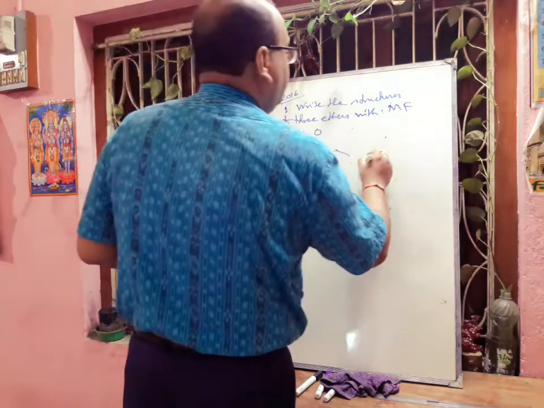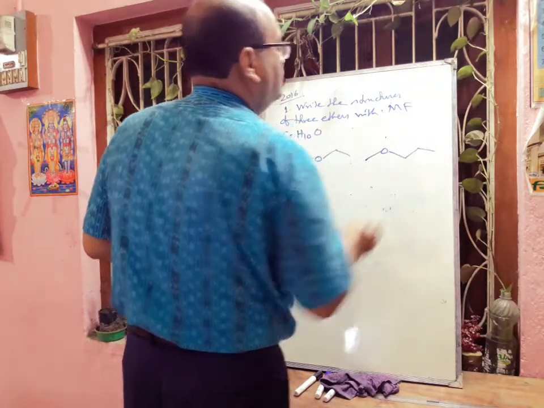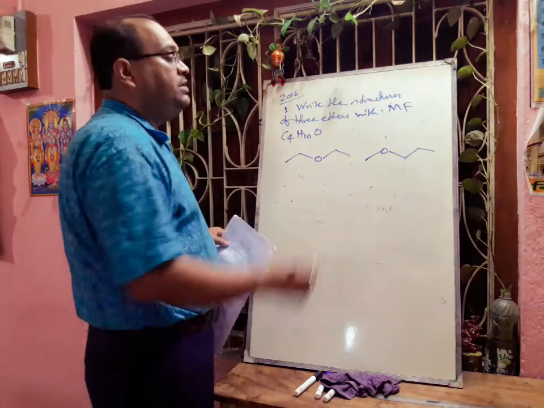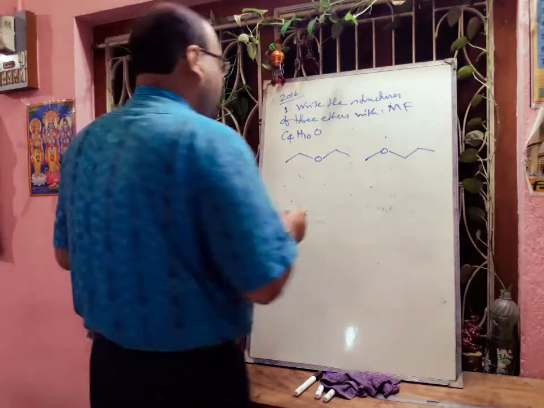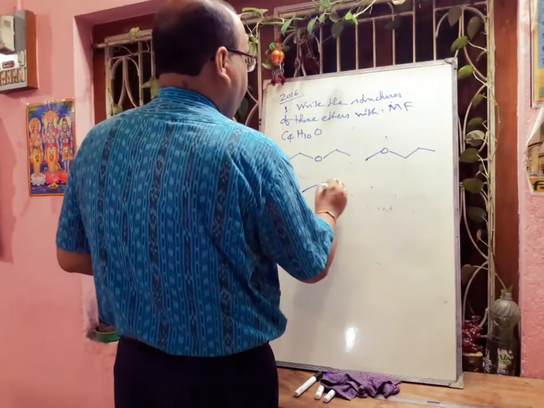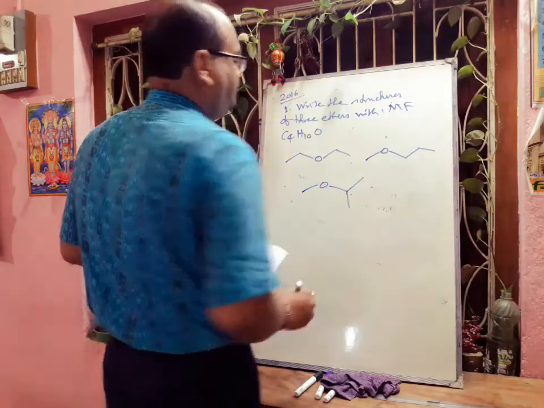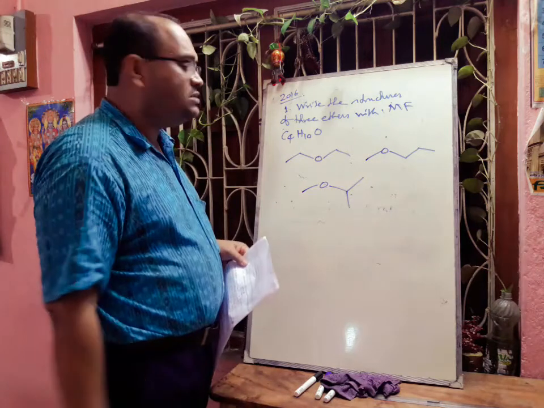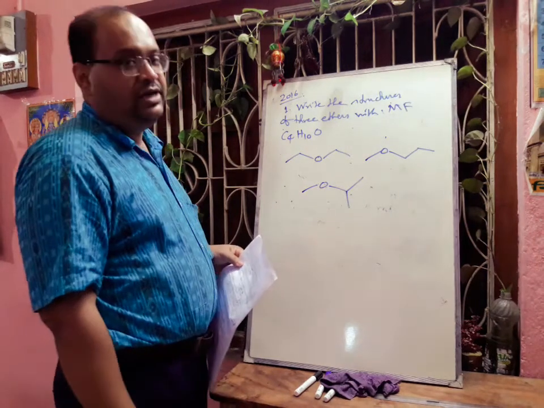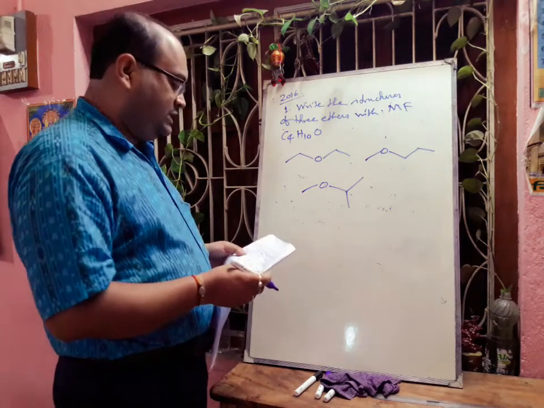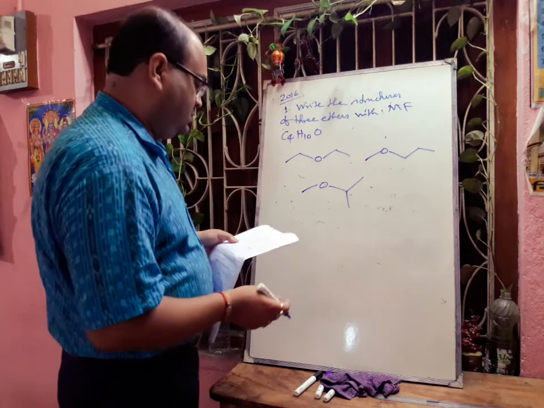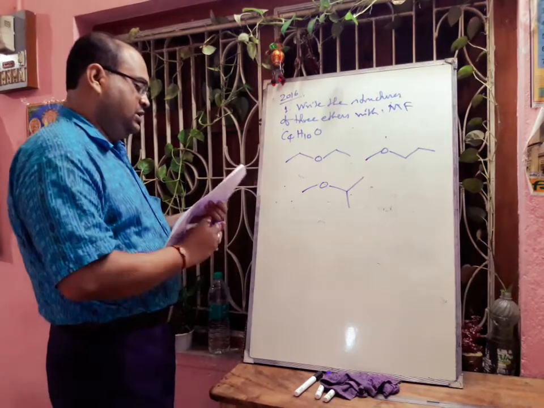And second one we can draw is 1-methoxypropane. And third one is 2-methoxypropane. Okay, so these are the 3 isomers. That will be the answer of this question.